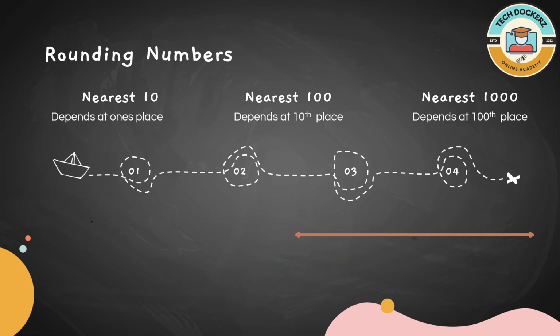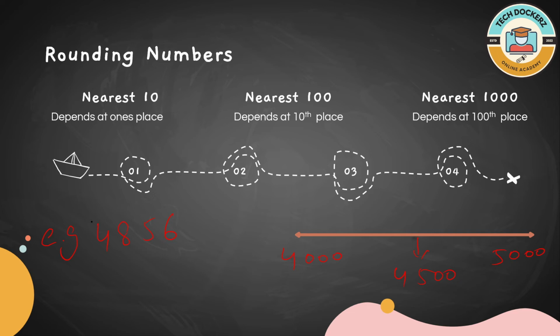All right. We will go one step ahead, rounding the number to the nearest 1000, and it depends on the hundreds place. Let's take an example. 4856. It falls between two thousand numbers, 4000 and 5000. What is the halfway of 4000 and 5000? 4500.